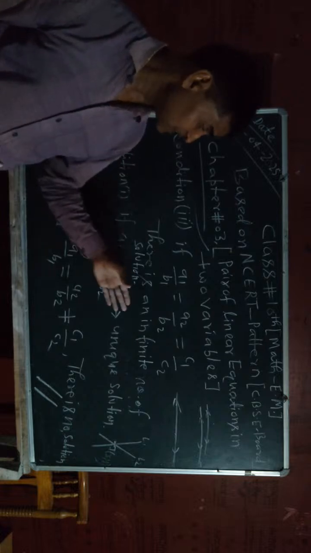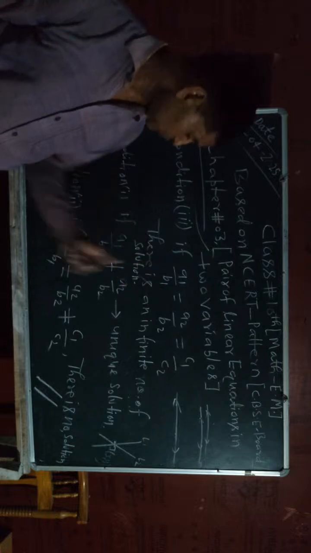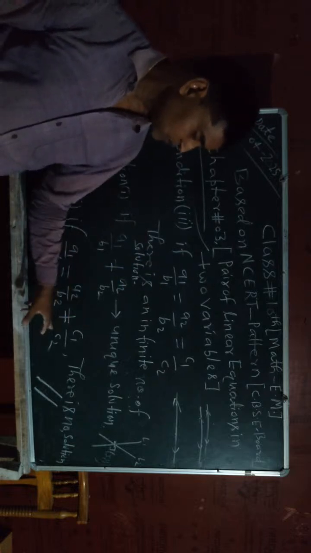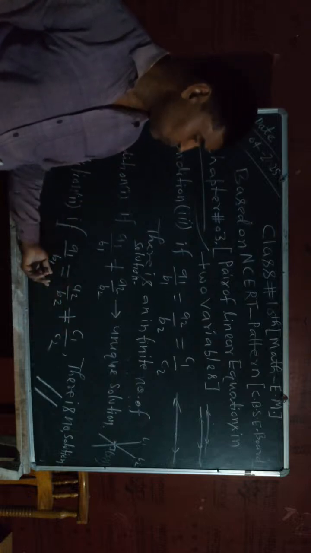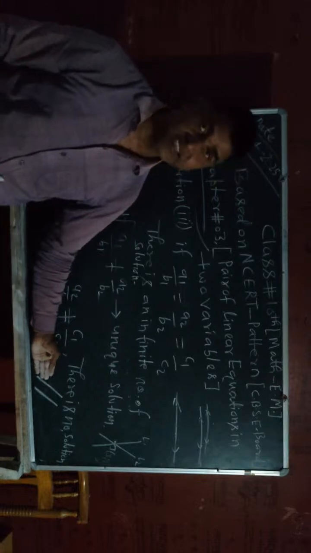If both slopes are equal and the constant term values are different, you will say both lines are parallel to each other, and in this case you will not get the value of x and y.